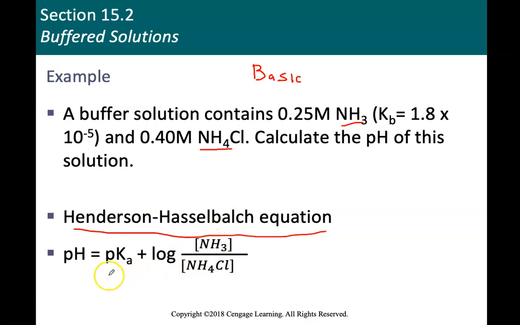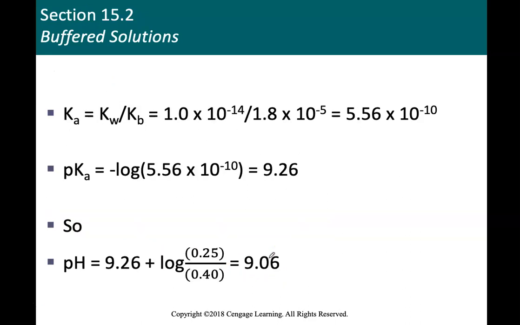What is the Henderson-Hasselbalch equation? pH is equal to the pKa plus the log of the concentration of the base, that is the conjugate base, over the acid. Base over the acid. I'll use this equation in this calculation. All right, let's go ahead and see.